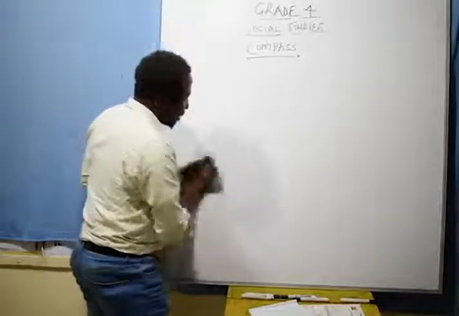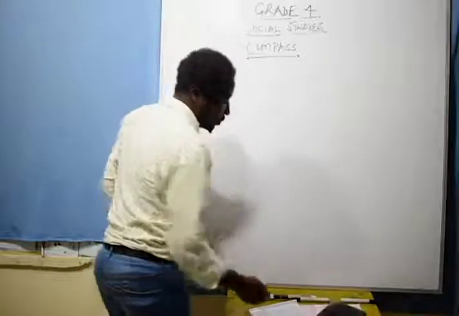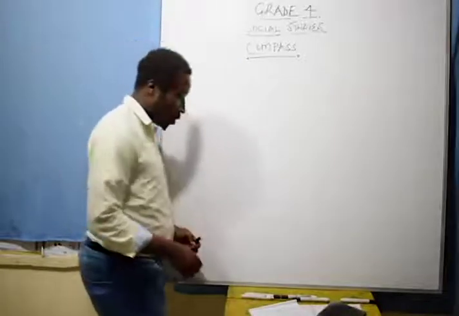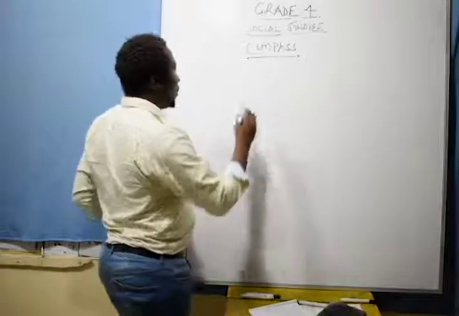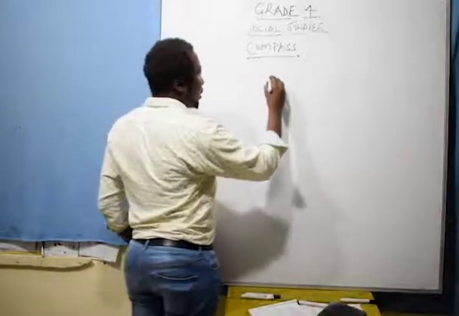Now, let us look at something here. Let us draw the 4 cardinal points of a compass. I'd like us to draw the 4 cardinal points of a compass. Now, this is the structure of a compass.